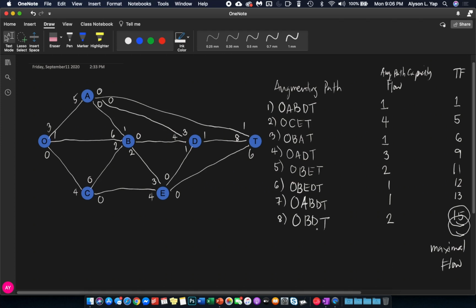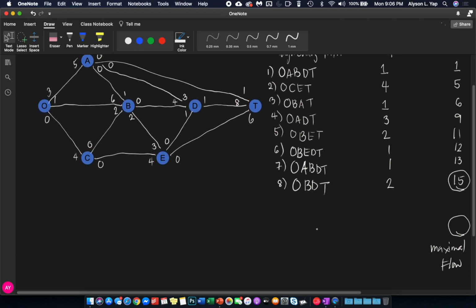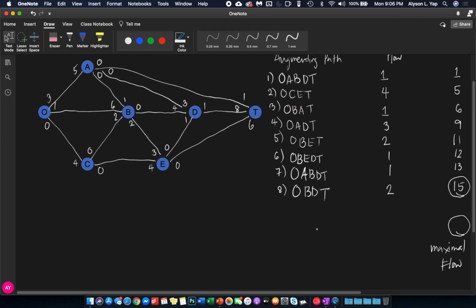And what I'd like to do is actually show you how the 15 units will flow through the graph. Let me draw the graph first.